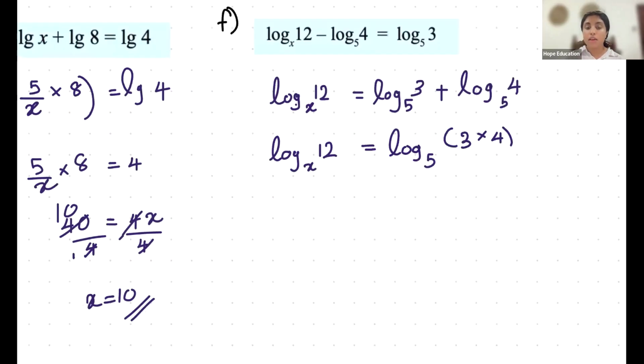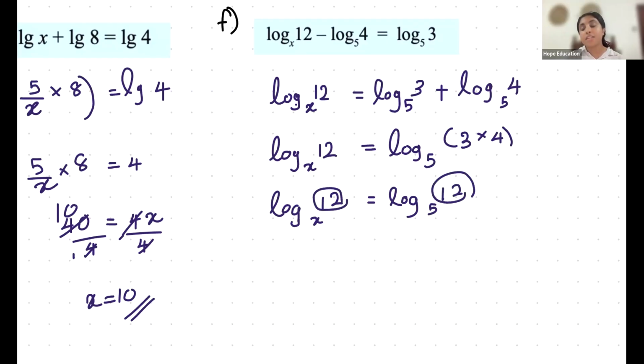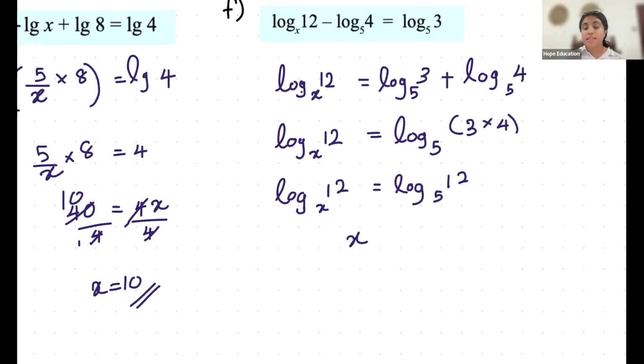So log 12 to the base x equals here log 3 times 4 is again 12 to the base 5. Now here 12 is the same. If that is the same, the base should automatically become equal. Therefore, base x equals 5.